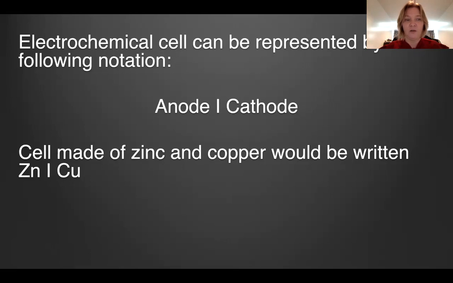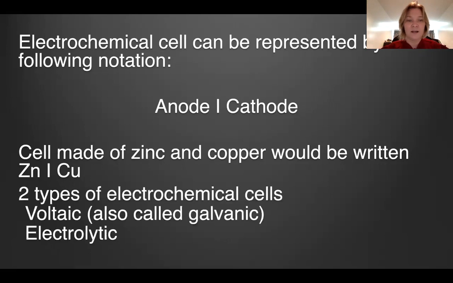That would represent the whole electrochemical cell. Again, anode first, cathode second. Just remember to put them in alphabetical order, then you don't have to worry about it. And like I said, there are two types of electrochemical cells: voltaic cells and electrolytic cells. Voltaic cells are also called galvanic. These are the batteries.